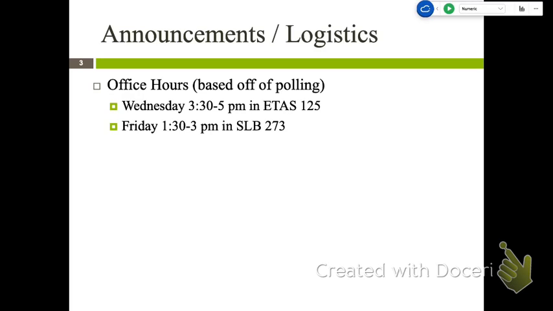So for now, these are going to be our office hours. Depending on how attendance goes at these, we may flex or move them. I know that during the semester there's 2 weeks where I won't be here on Fridays, so that will play a role. I have these posted on Blackboard as well, so if you're ever curious or going to go to office hours, please check there to make sure you know the location.